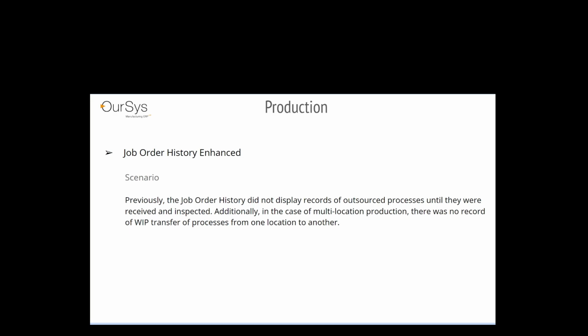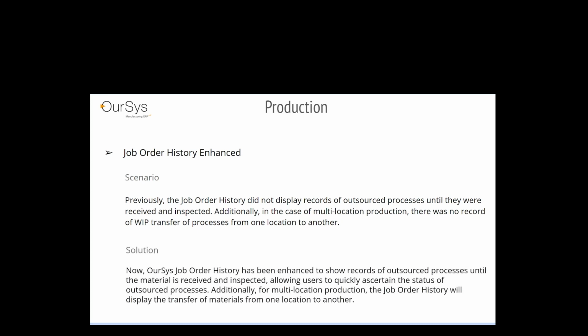Additionally, in the case of a company with multiple locations where a single job order is processed in multiple locations, there was no way to see the WIP transfer processes from one location to another. To tackle this, now the job history displays records of outsourced processes until the material is received and inspected.